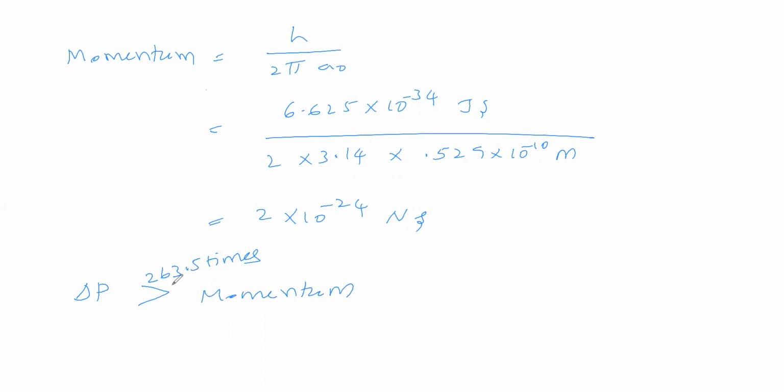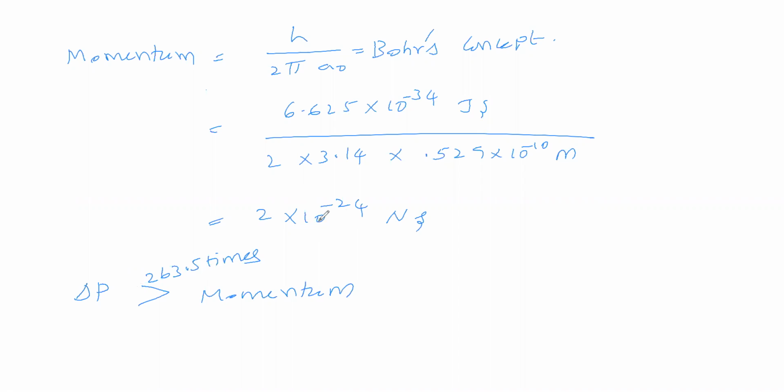If the uncertainty is this many times greater than this value, can it be accepted? Can we say that it is the momentum as per Bohr's concept? If the uncertainty is this many times greater, how can we say this is the momentum of an electron in a circular orbit?